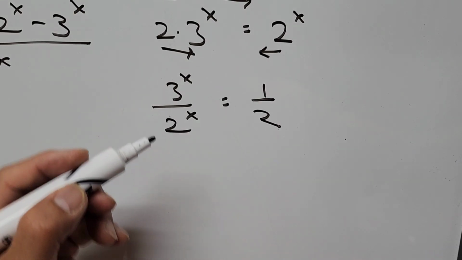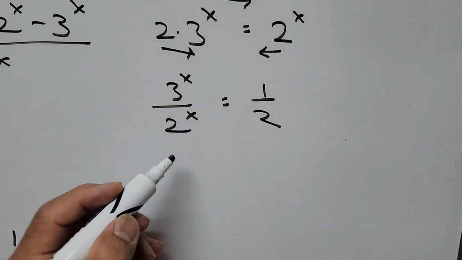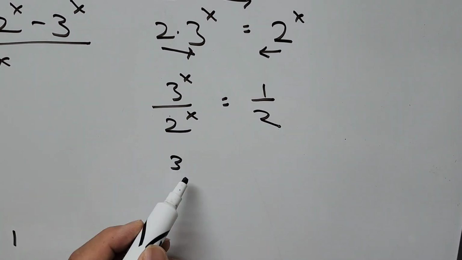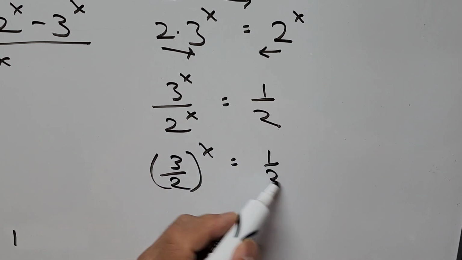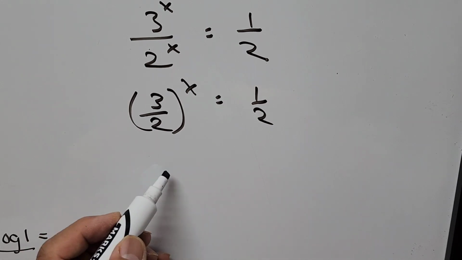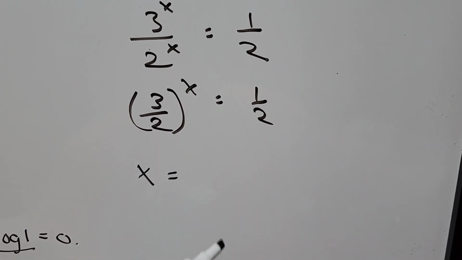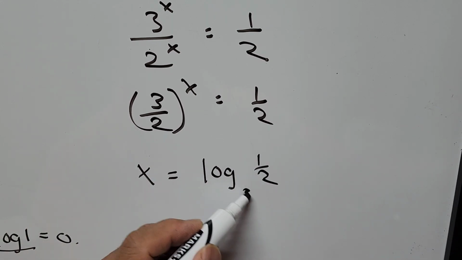So from here, on the left hand side, we have the same exponent x, so this now can be written the same way as 3/2 to the power of x equals 1/2. By using the log, we have the value of x. We have x is equal to log of 1/2 base 3/2.